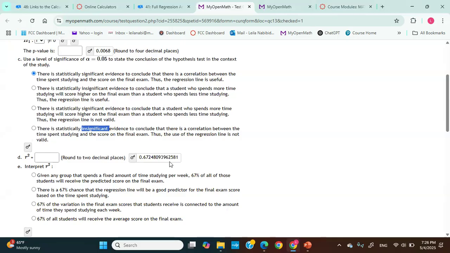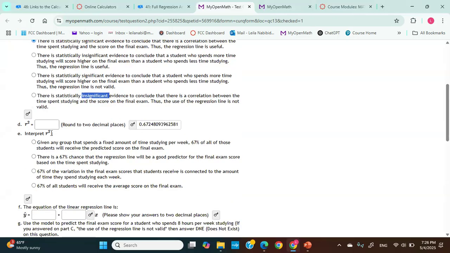And now he's asking you to interpret R square. You know that the coefficient of determination is always represented as a percentage. When you have 0.67, when you round it to 2 decimal digits, that means you can claim that 67% of the variation in y values is explained in this model with x values.